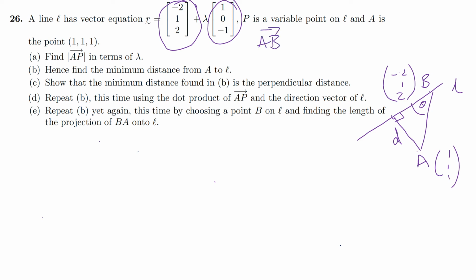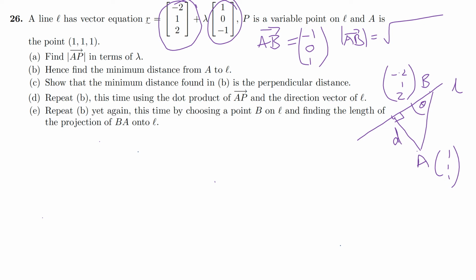Vector AB, we take B first, so -2 minus 1, 1 minus 1, and 2 minus 1. So there's AB. What is the distance AB? We're just going to do the square root of our 1 squared.